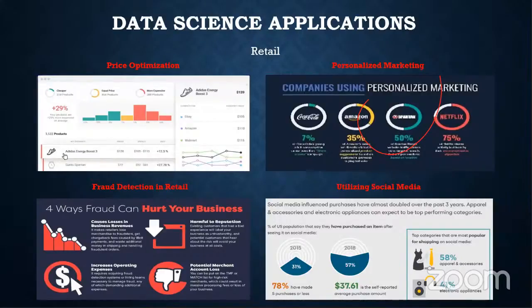Next would be personalized marketing. You might see this in a few banners of Coca-Cola, and a very interesting example is Netflix. Netflix does a lot of data engineering and makes a lot of use of data from their viewers.